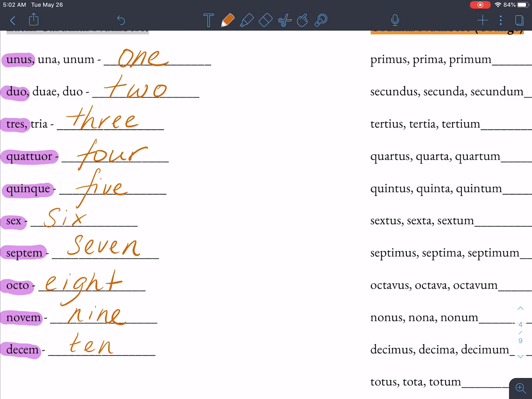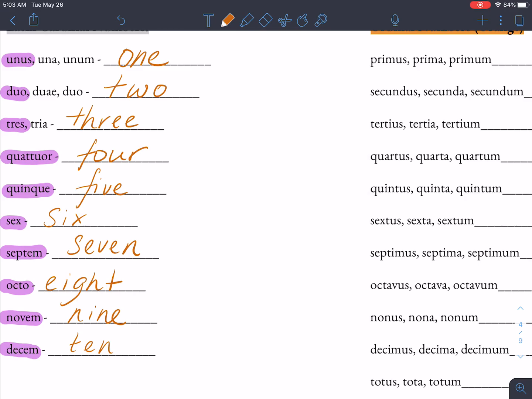But in Roman times, Romans only had 10 months. And that explains why. So they only had 10 months, right? So Januarius, Februarius, what comes after February? Martius, right?